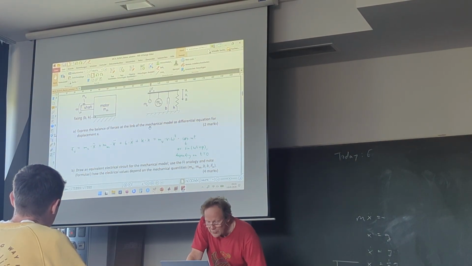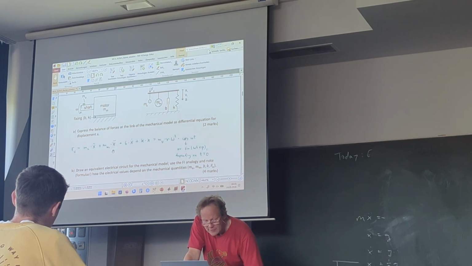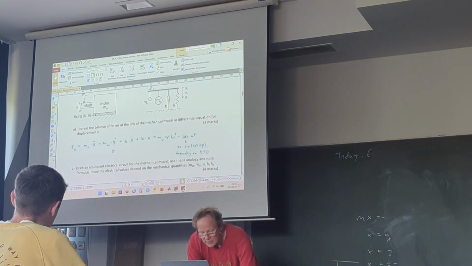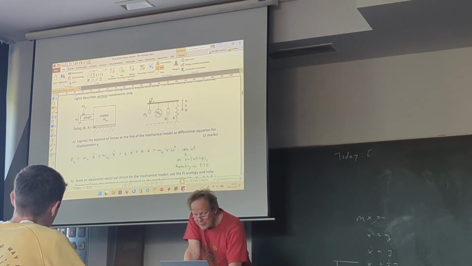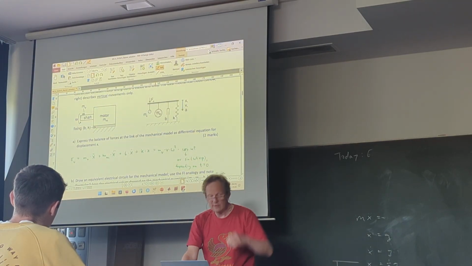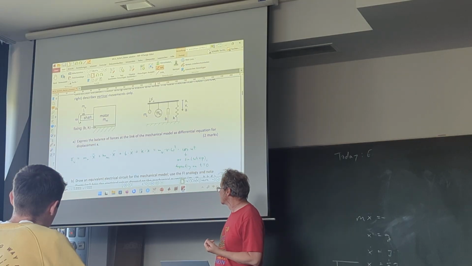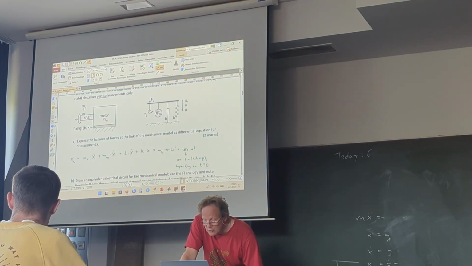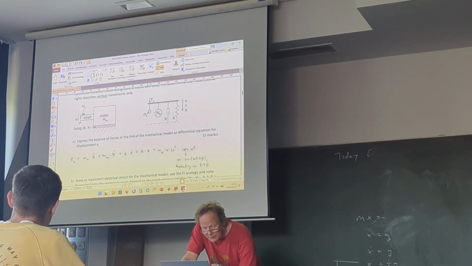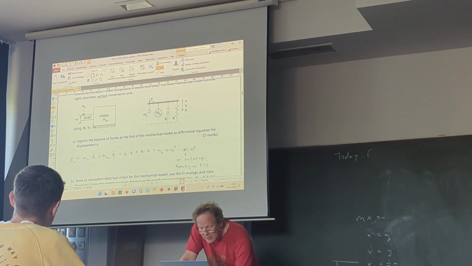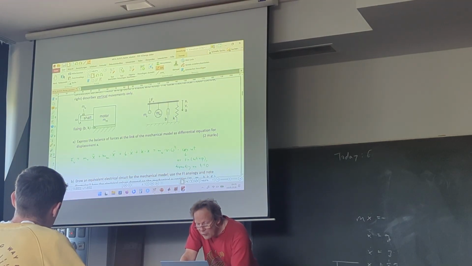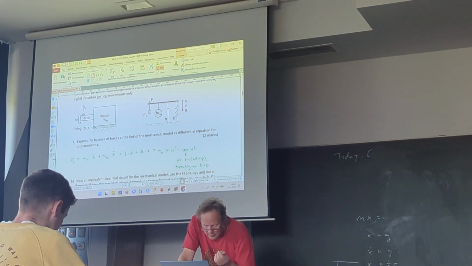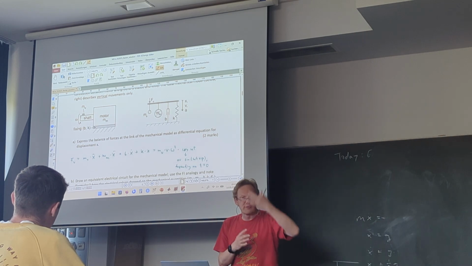And what I actually expect of you would be just the first part here, that you say we have one external force, and this comes from the rotating unbalanced mass. It's the centrifugal force, and this is balanced then by inertia from the two masses. So that's the first two terms here, and the friction force from the damper and reaction force from the spring.